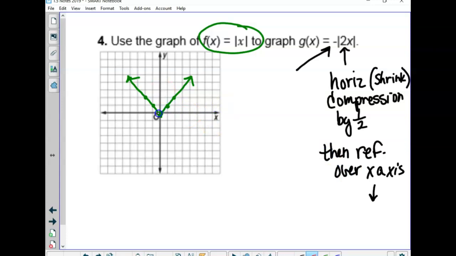Okay, so all of these points where it used to go over 1, up 1, it's going over 1/2 as far. Where it went over 2, up 2, it's only going over 1 before it's gone 2. And it's upside down, so it's doing this. And again, guess what? That's exactly the same graph.